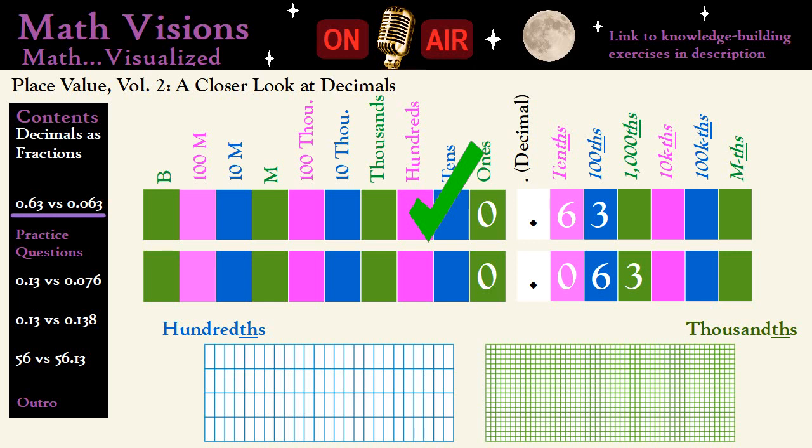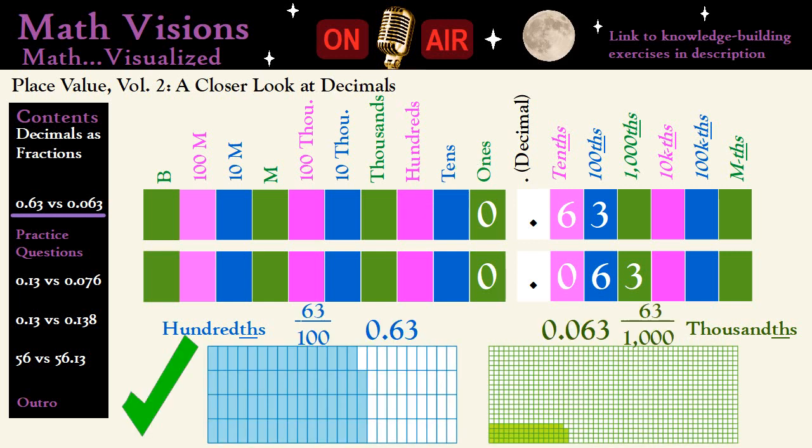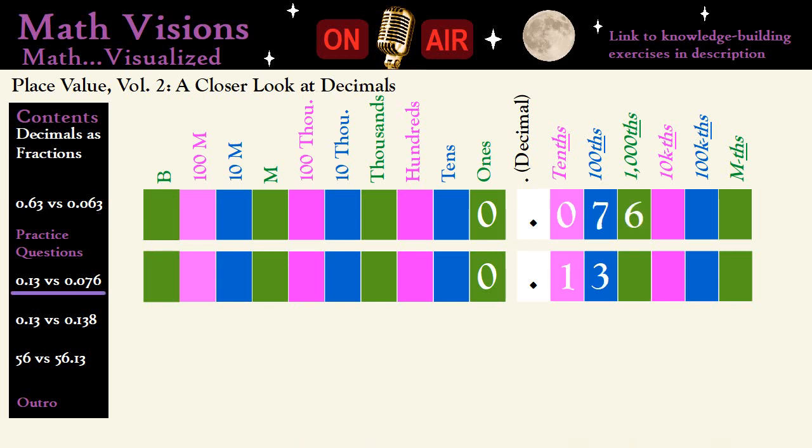This is the equivalent of hundredths to the left and thousandths to the right. If we fill in 63 squares in each grid, you'll quickly see that 63 hundredths is indeed larger than 63 thousandths. We name numbers to the right of the decimal based on the digit that is farthest right in that number. Let's try another one.